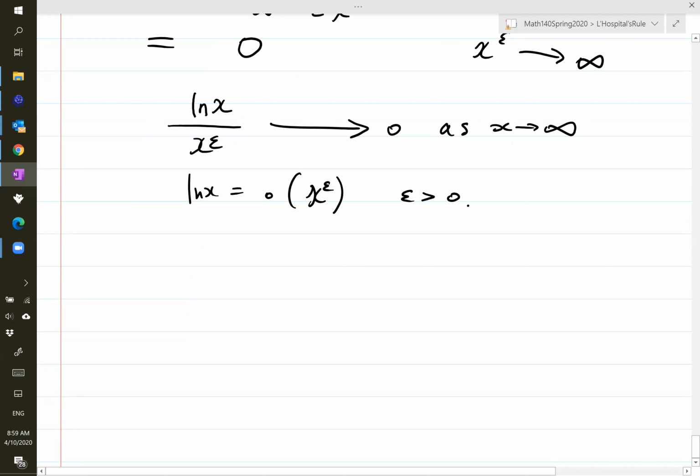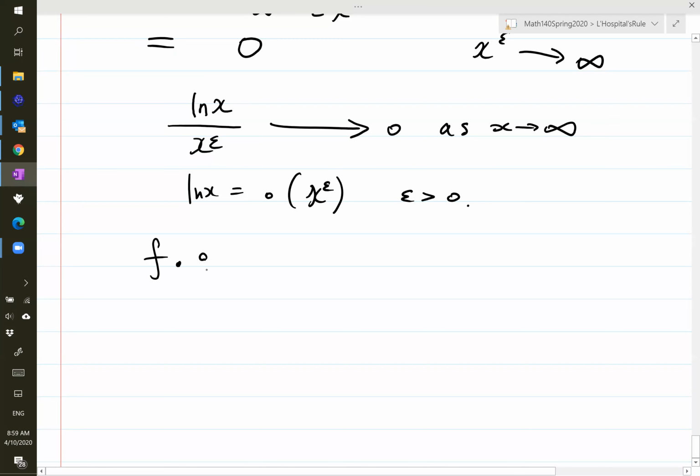In the statement of L'Hopital's rule, it's the limit of f over g. It's a quotient, remember. Once we don't have a quotient, we need to try to construct one.